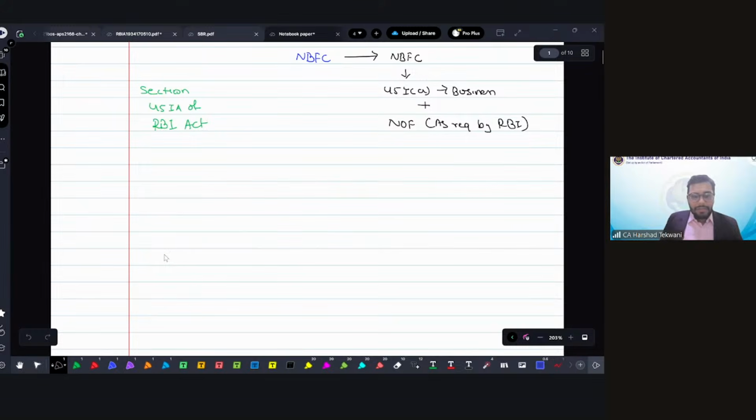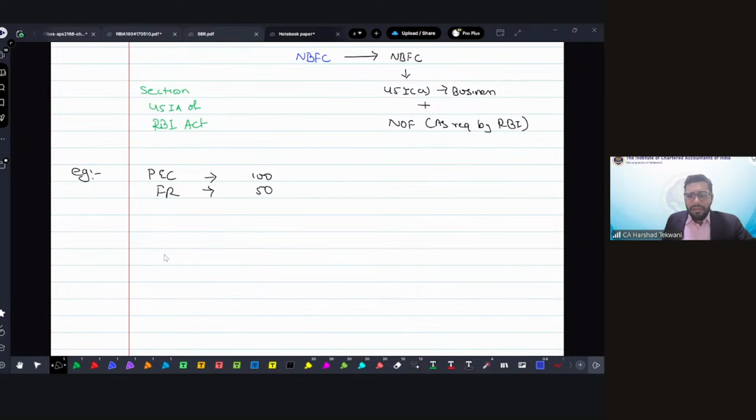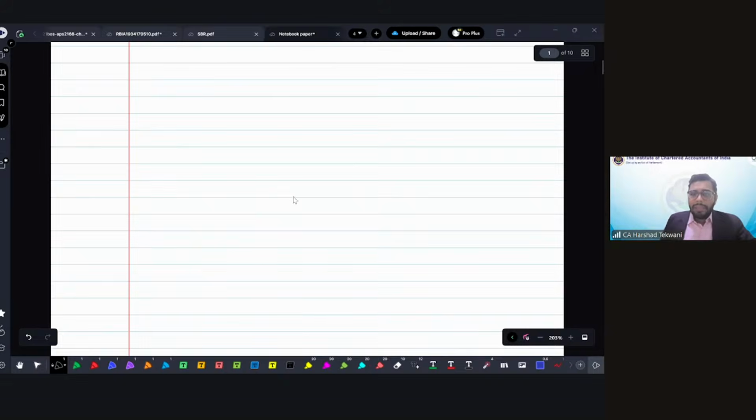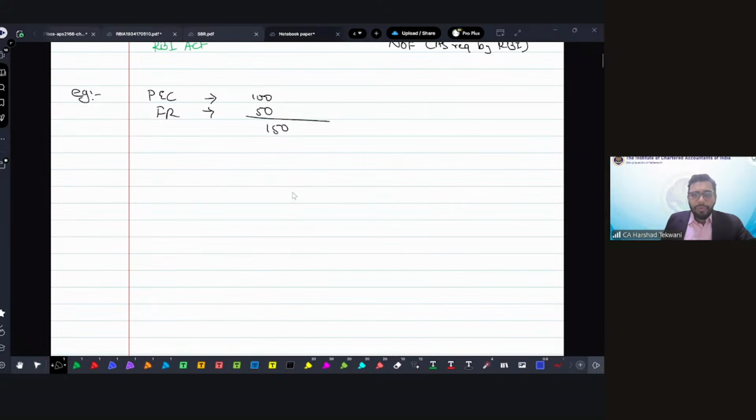For example, we will see the net owned funds example. Let's say paid up share capital, or paid up equity capital rather, 100, free reserves, let's say 50, total comes to 150. Now we are required to reduce accumulated losses. Let's say we don't have any accumulated losses.